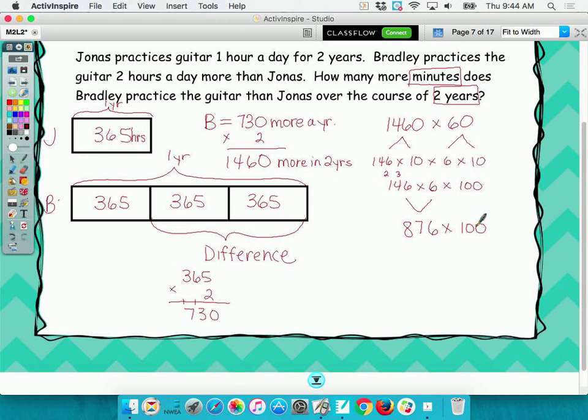Now, if you wanted to do 146 times 6 using the standard algorithm, there's no rule that says you can't do that. That's fine. And you're probably going to have a better chance of getting the right answer. We're going to write the 1 and the 100 on the bottom.